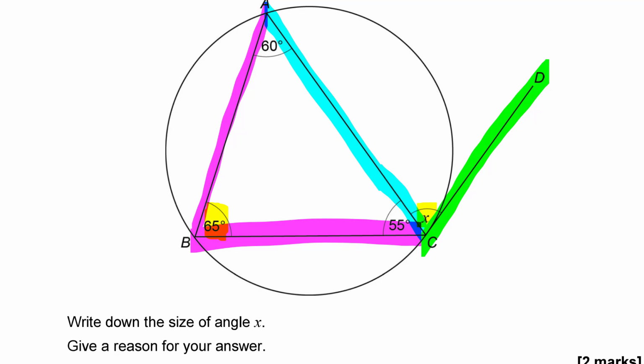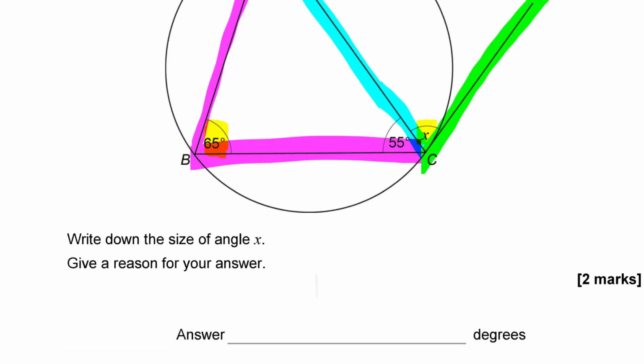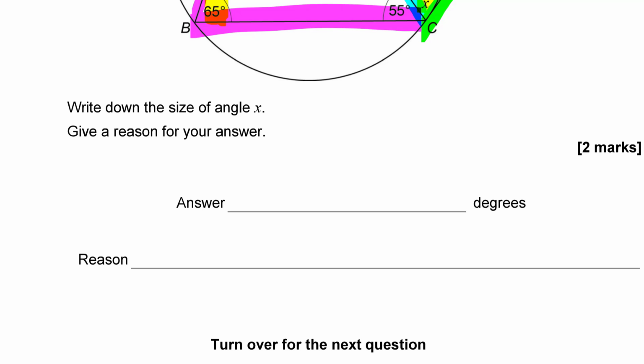So I can just say that X is 65 degrees, and the reason is the alternate segment theorem. Just writing that down as the reason is good enough.